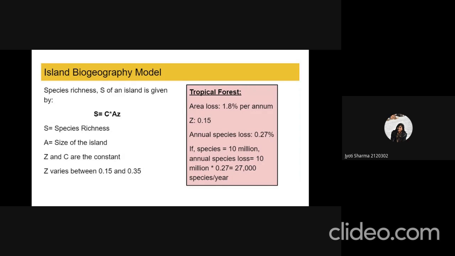And if we have, suppose, 10 million species in the tropical forest, because of the species loss of 0.27%, we have the loss of 27,000 species per year. So can you imagine, because of that 1.8% decrement in area per annum, we can lose 27,000 species per year. So from there we can calculate this.